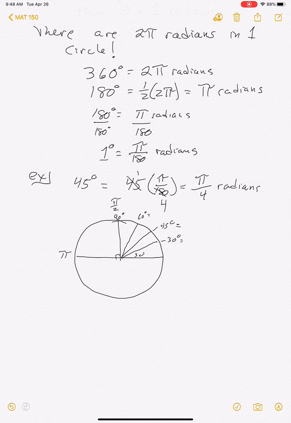So this 90 degrees is half of 180. 45 degrees is half of 90, so it's pi over 4 radians.